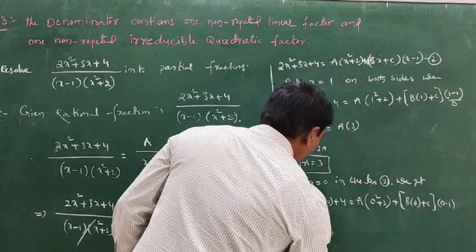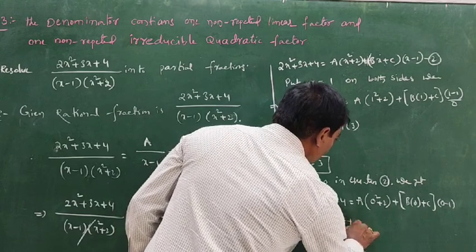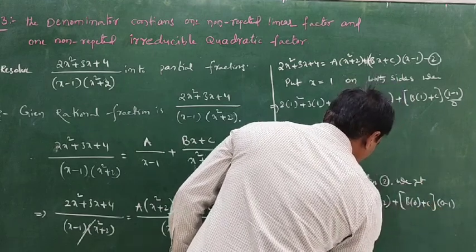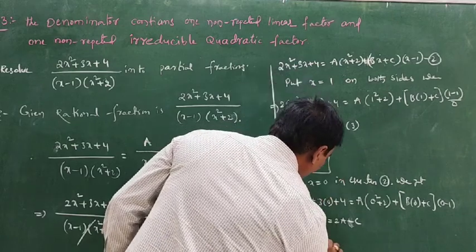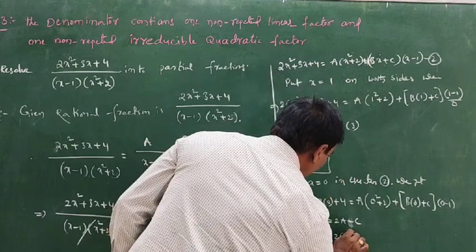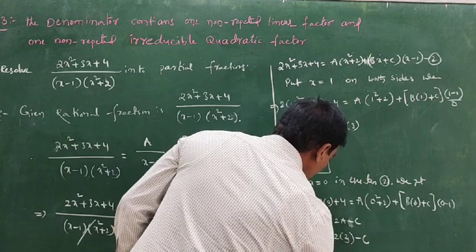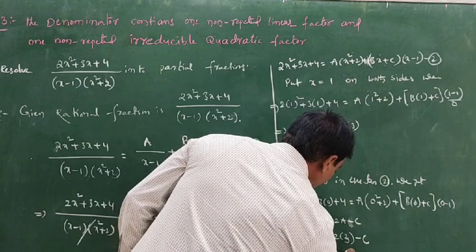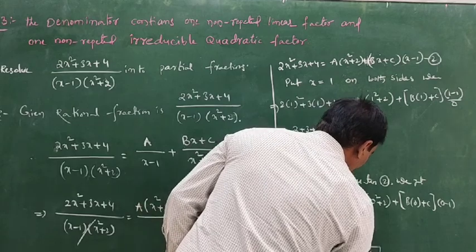This implies 4 = 2a, plus the b term is 0 and only c is there, so this is minus c. But we know the value of a, so 4 = 2(3) − c. Shifting this to this side and this to this side, c = 6 − 4 = 2. We get c = 2.